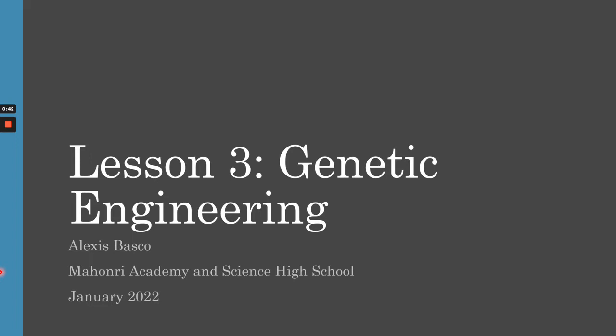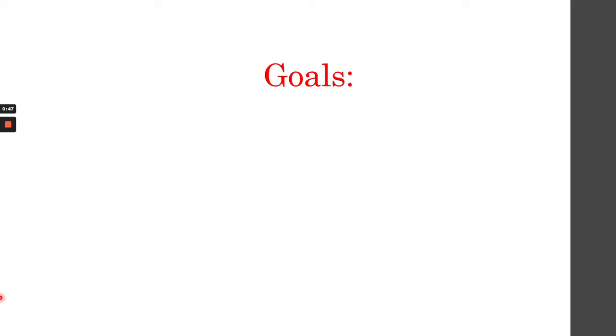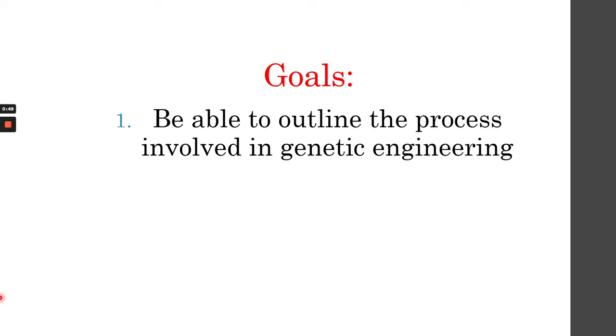So let's start. But first, let's understand why we want to study this. The goal of today's lesson is for you to be able to outline the process involved in genetic engineering. Again, we're just going to deal with some very basic processes, because it can take advanced understanding and knowledge of genes to fully understand what genetic engineering is and apply it to everyday life, or to a lot of things that we use and do in our everyday lives.